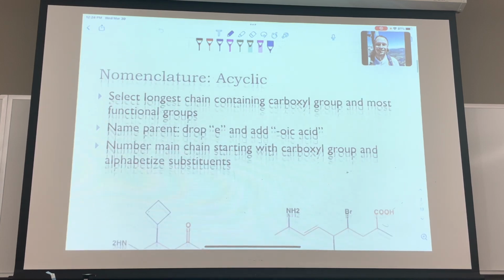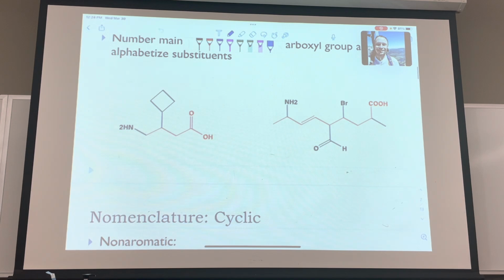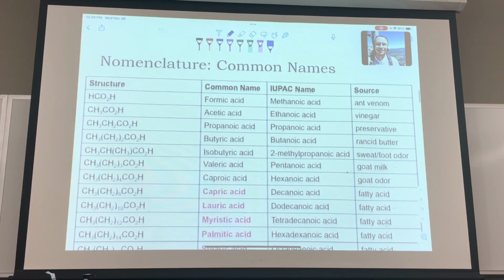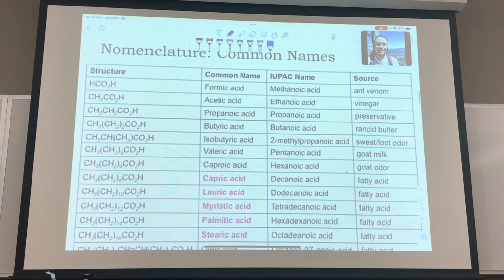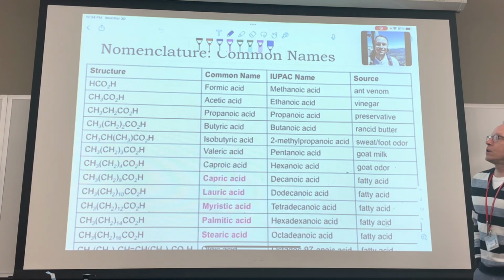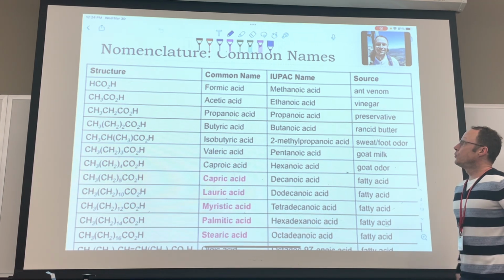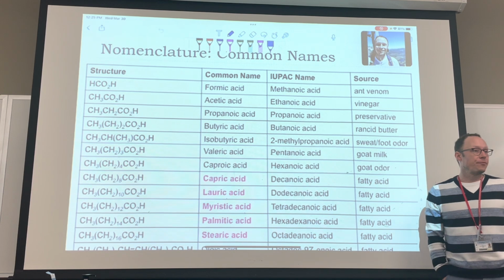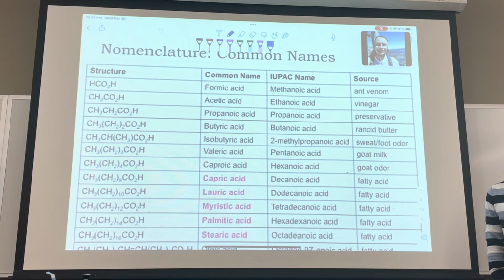The most apparent of which would be the 2-carbon carboxylic acid, right? IUPAC would call that ethanoic acid. Nobody in their right mind ever calls it ethanoic acid. It's silly. Everybody calls it acetic acid because that's what it's been called for 1,000 years.